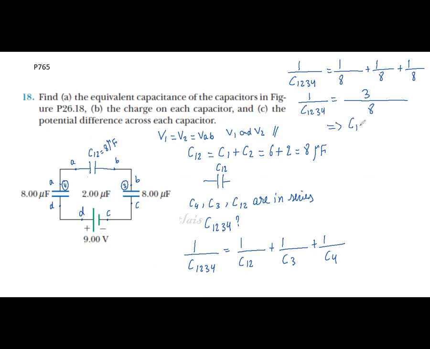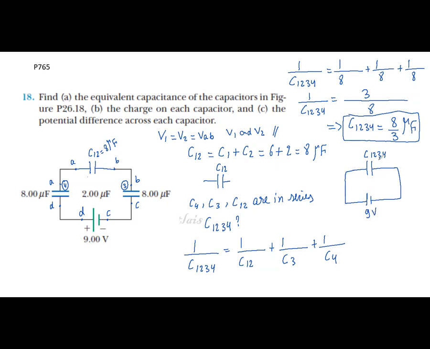So C1234 equals 8 divided by 3 microfarad. So finally we get C equivalent with a simple battery here with delta V equals 9 volt.